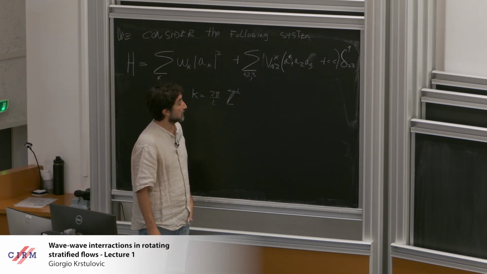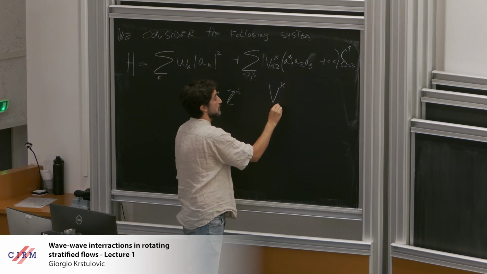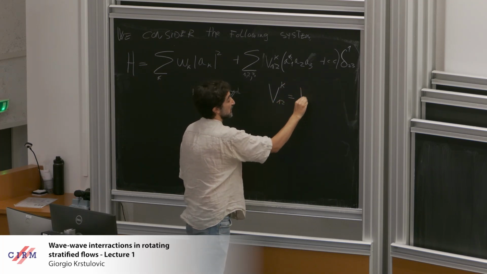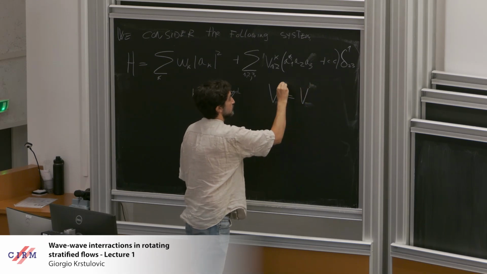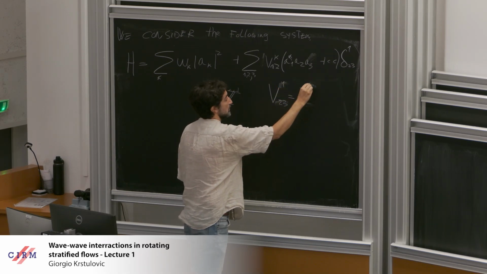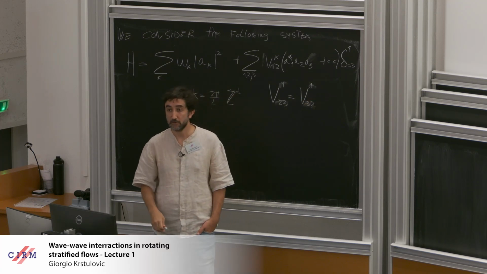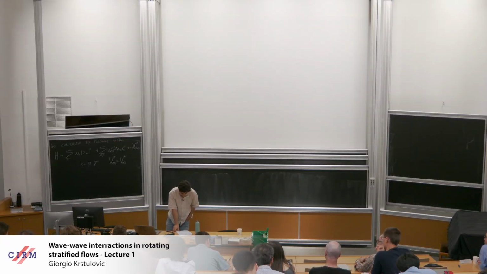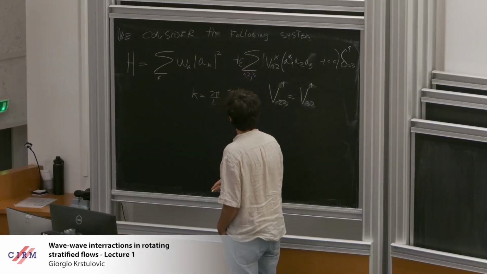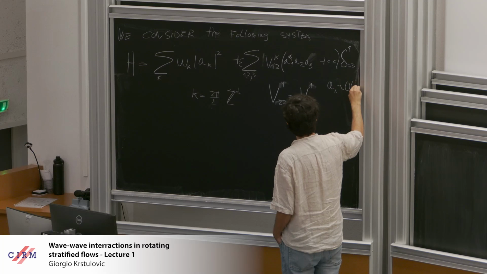The only bit I need to say is this coupling, which will actually make things a bit simpler, and otherwise I could try to symmetrize it. And I want to say that this is small, so the A's are of order 1.